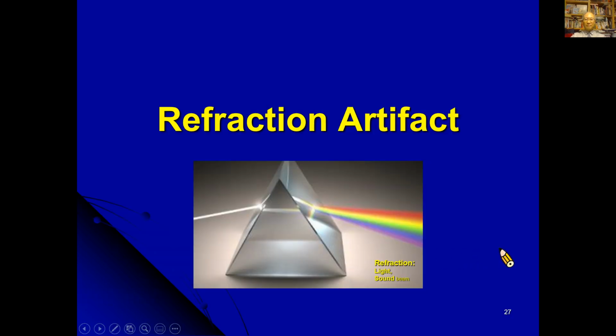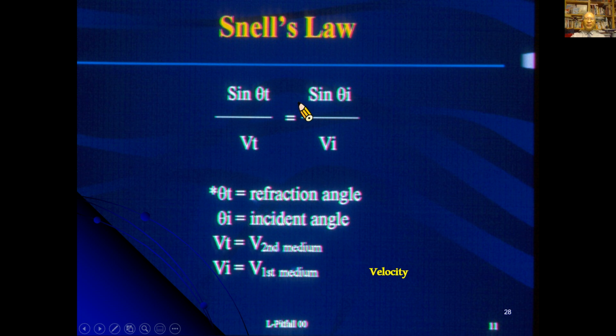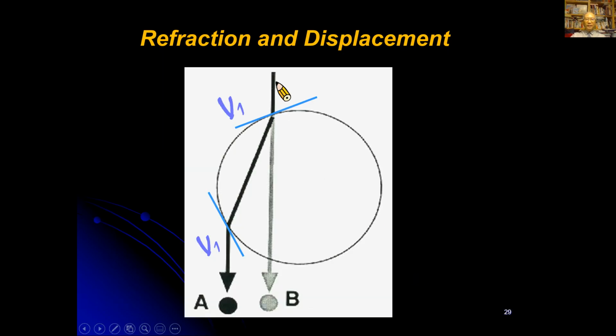Refraction artifact. Just like light, sound can also have this kind of artifact. It should follow Snell's law related to velocity, not acoustic impedance. Here you can see two different media. The first medium has velocity v1, and the second medium has velocity v2.